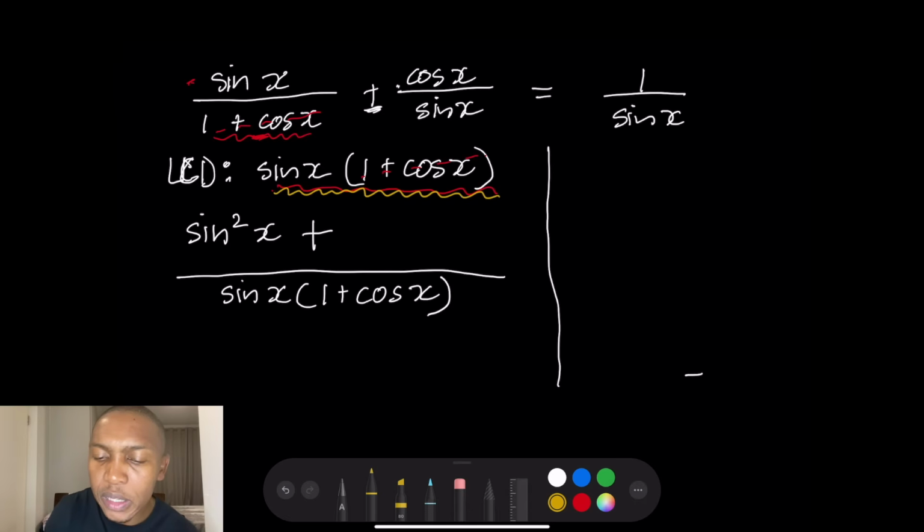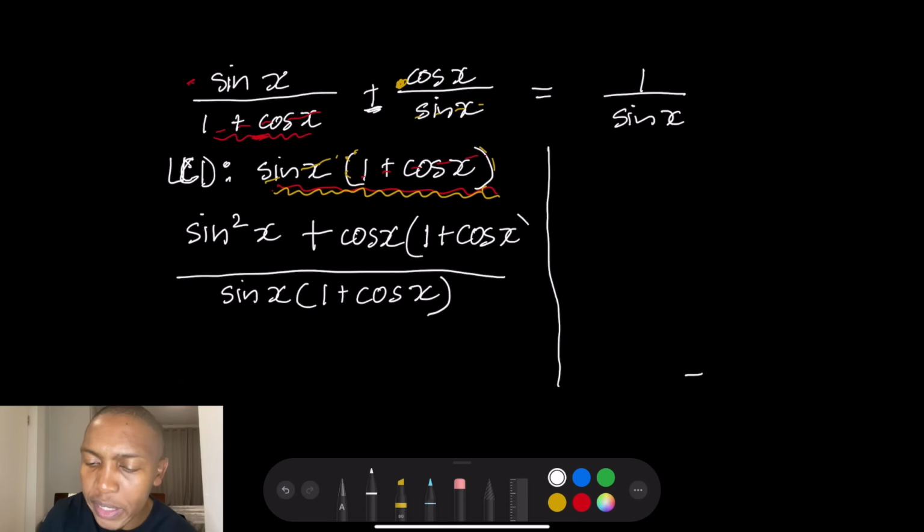Okay, LCD divided by denominator. You'll see how now these will cancel. So I'm left with 1 minus cos of x times cos of x. So it's that cos of x there into that bracket over there. So now I will have cos x into 1 plus cos of x.